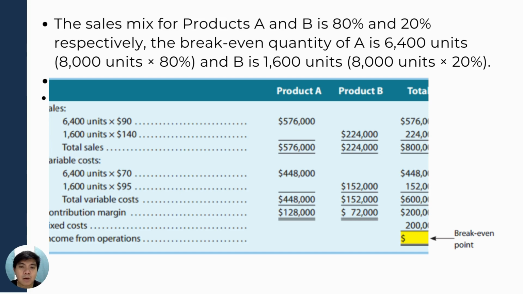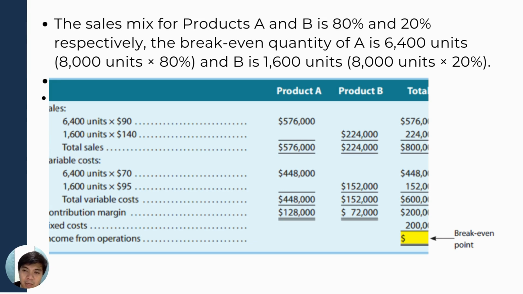Because the sales mix of products A and B is 80% for A and 20% for B, the break-even quantity of A is 6,400 units. We just multiply the 8,000 times 80%.